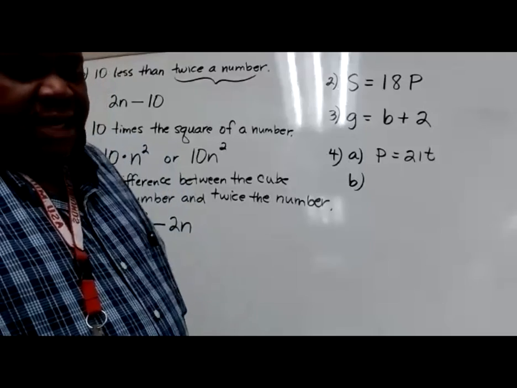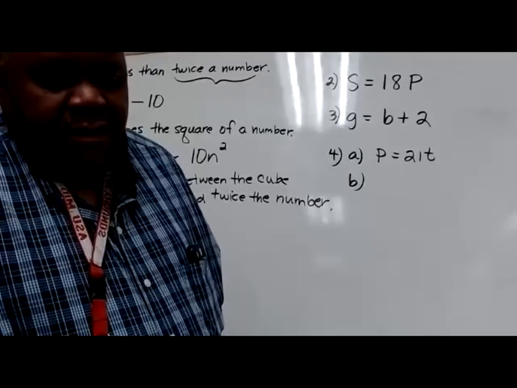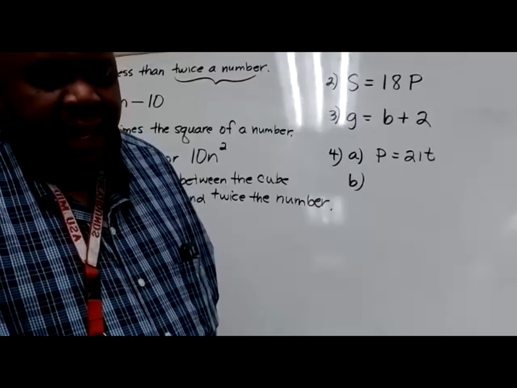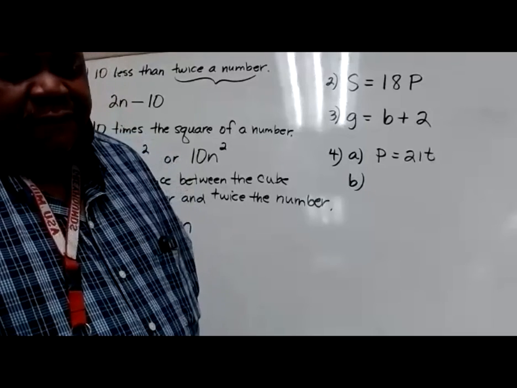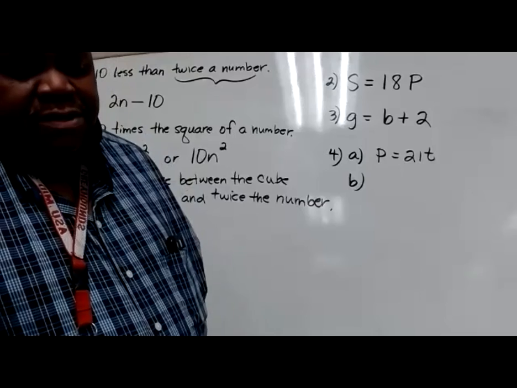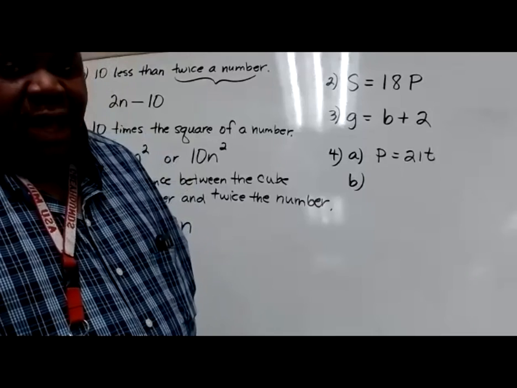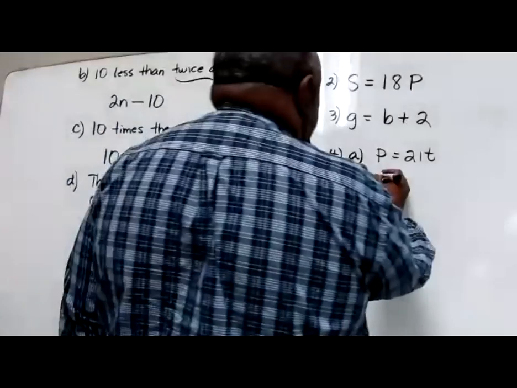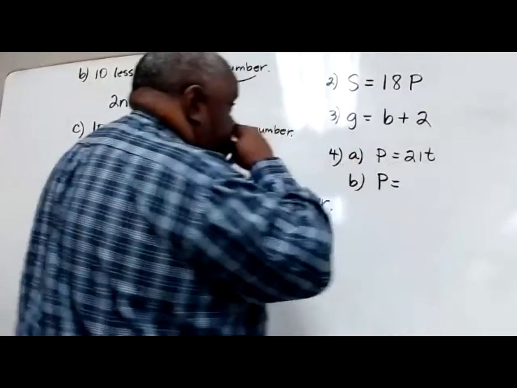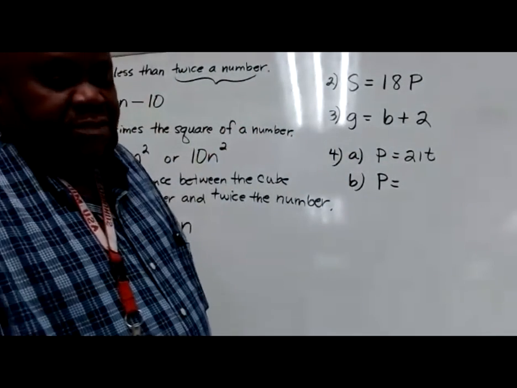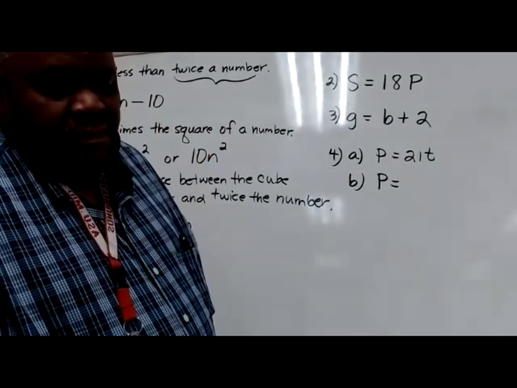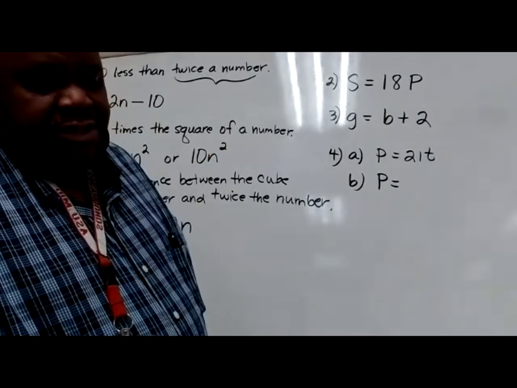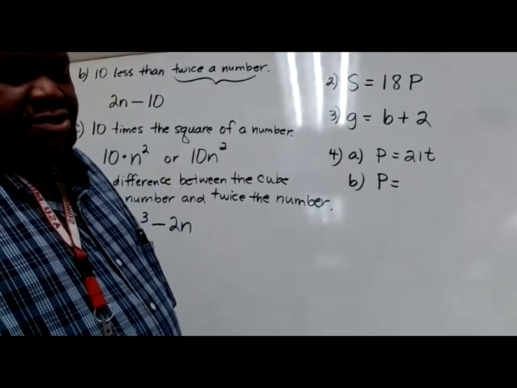Now in part B, they say the pay P for T hours, if you are paid $19 for the first hour and $14 for each additional hour. Well, we know we have to have P is equal to, and you're paid $19 for the first hour, $14 for each additional hour.